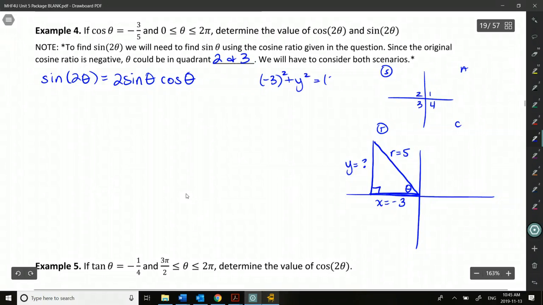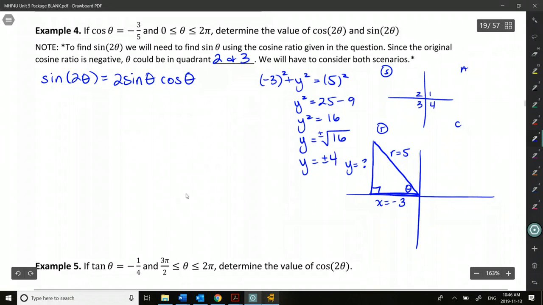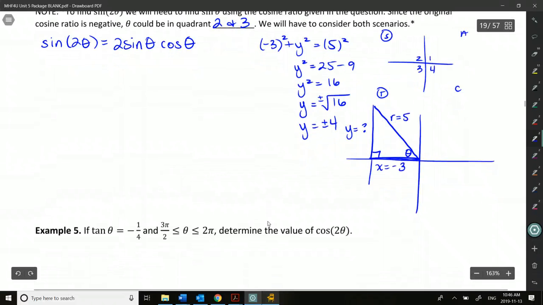I'm getting 4 here for this. Now, I want to consider if I have a triangle down here that has the same reference angle and the same radius, I want to consider the y's in both of these quadrants.